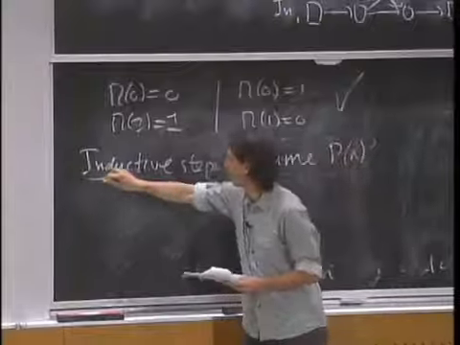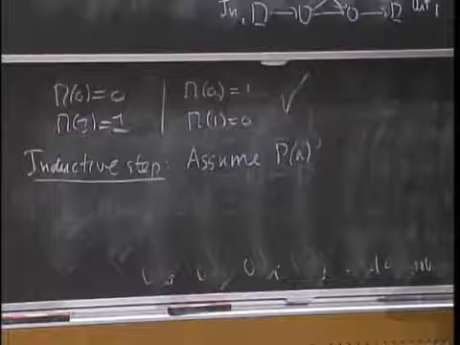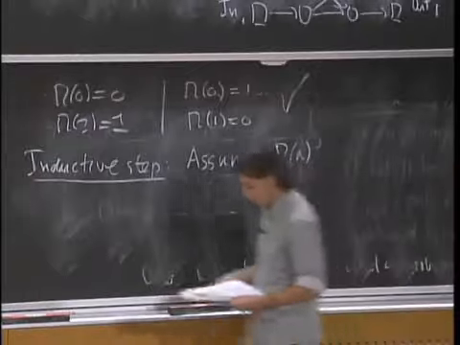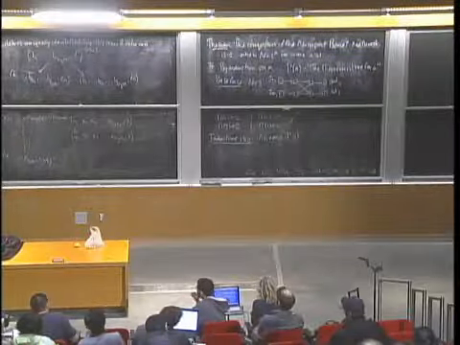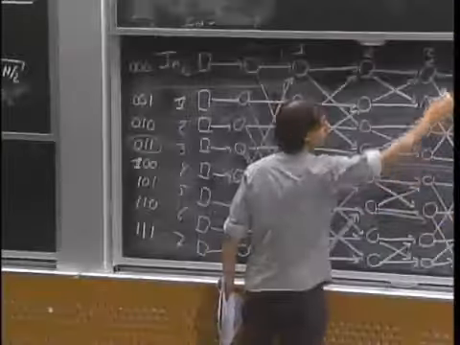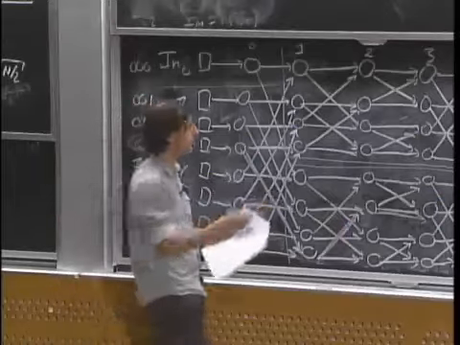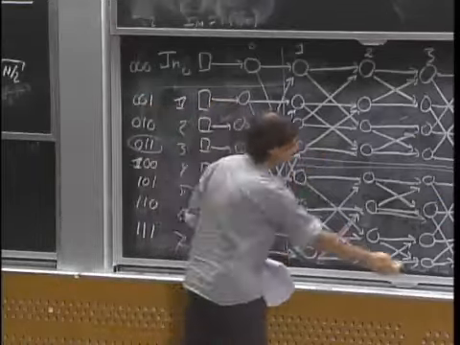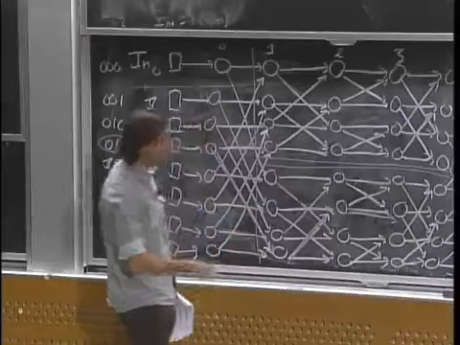And, well, let's try to gain some insight here. So we know that from our induction hypothesis, within each subnetwork, we can solve any routing problem with congestion 1. And for this subnetwork, the same. That's our induction hypothesis.